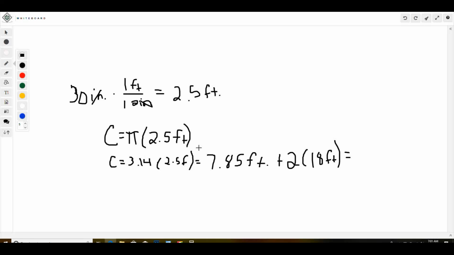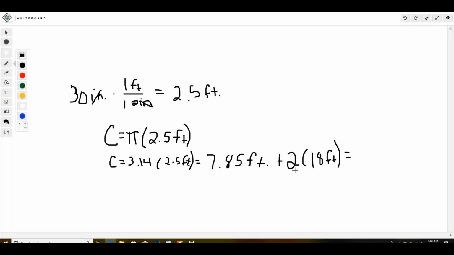Remember, that's the measurement of the outside of the circle, and that's pi times the diameter, which is 2.5 feet. So the circumference of the circle is 7.85 feet.